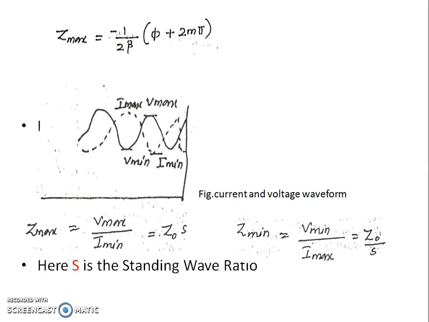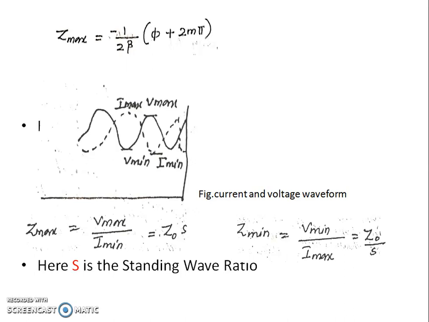So the maximum impedance Zmax is equal to minus 1 divided by 2 beta into phi plus 2m pi. By using this relation, we can find out the maximum impedance of a transmission line, and here also the value of m is 0, 1, 2, 3, etc.